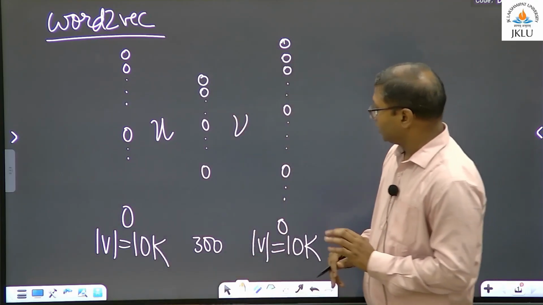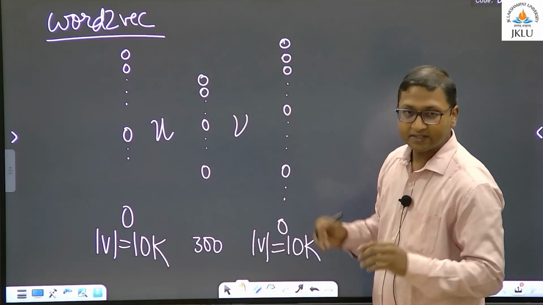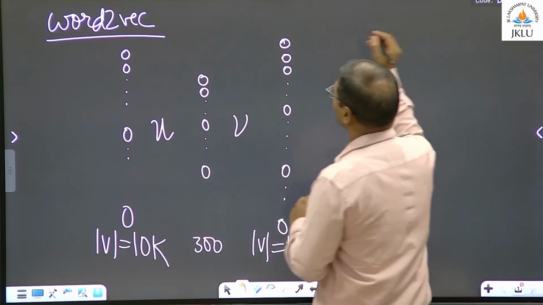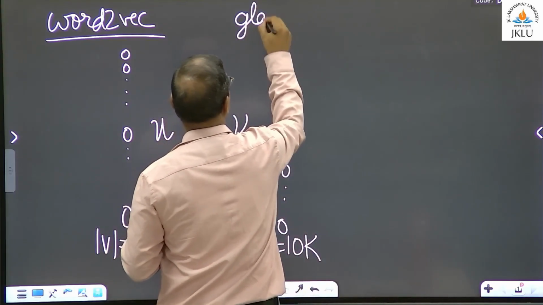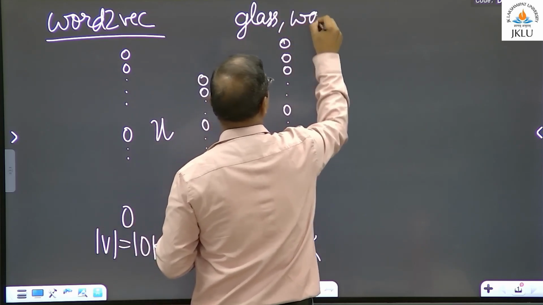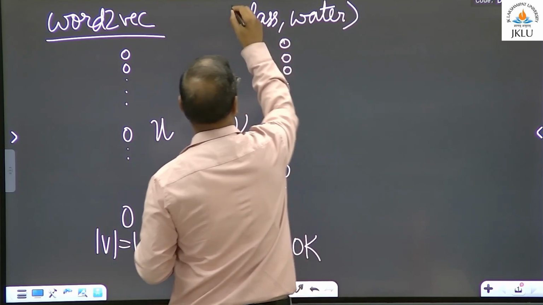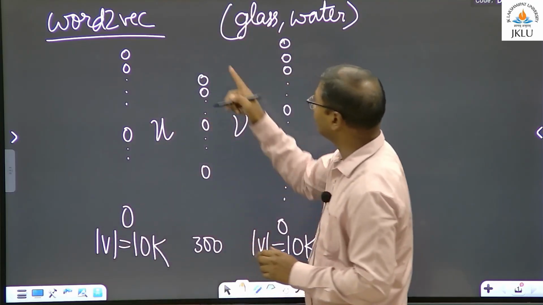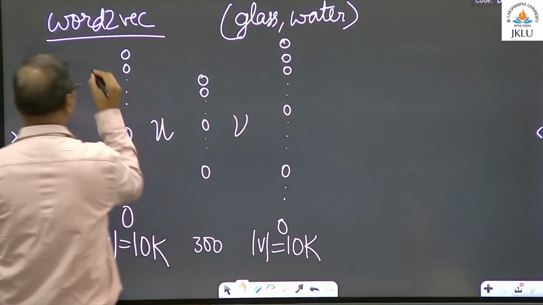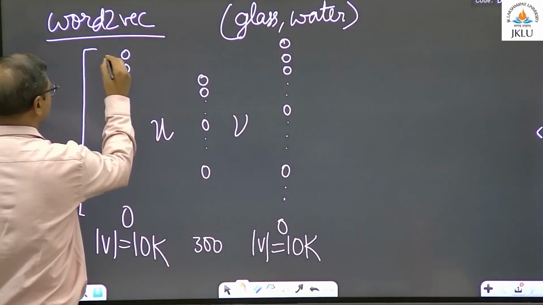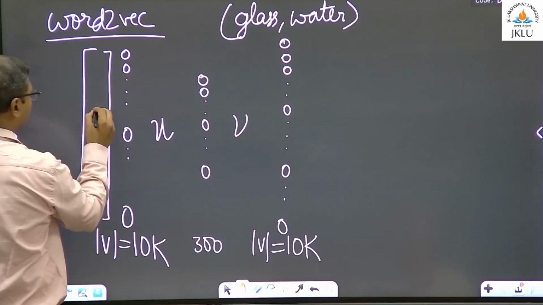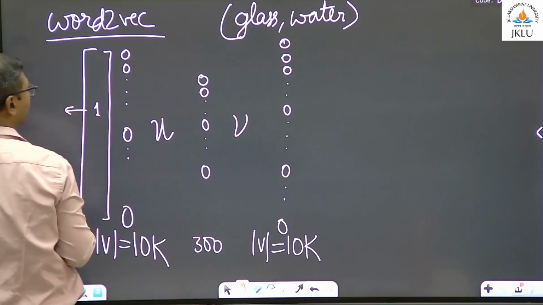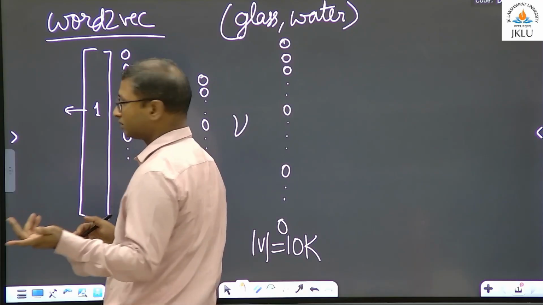Now, what was our pair example? Glass with water. Okay. So when you input here, what will you input here? So a one-hot vector of glass, what was the number I used previously?